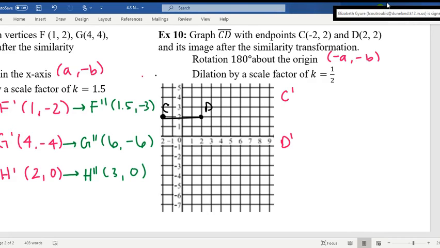You there still, Danny? Danny may have abandoned us. Hannah, what do you think? What would C prime be? Good. C prime would be 2, negative 2. And then Jeff, what about D prime?